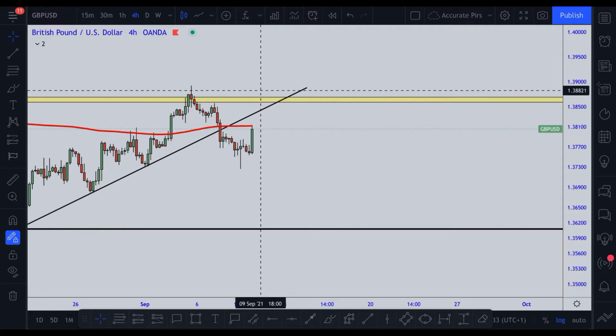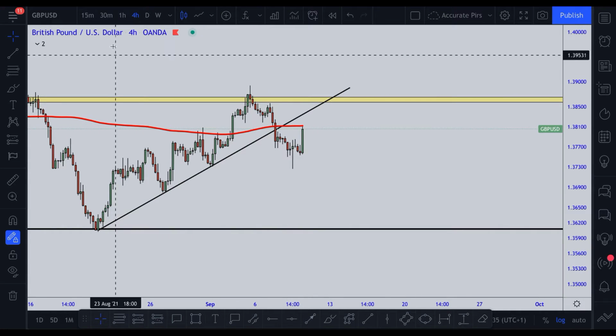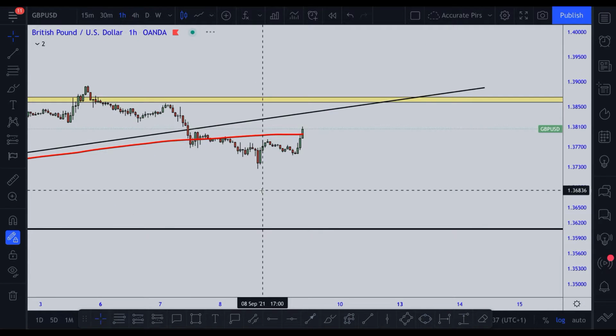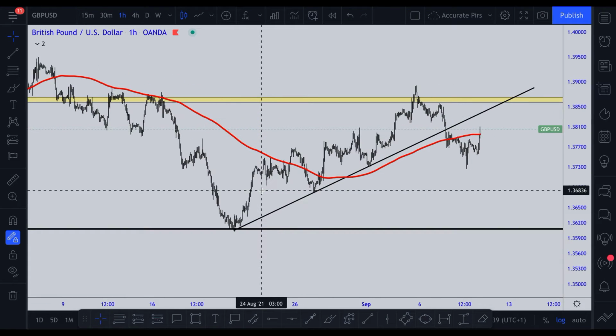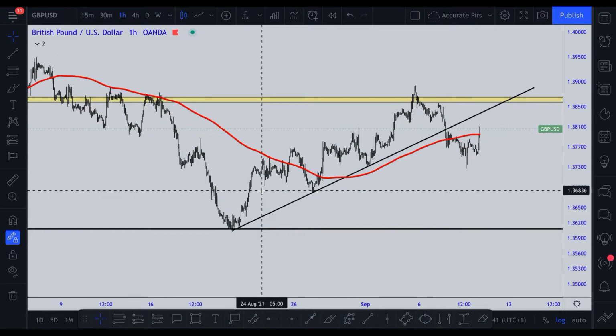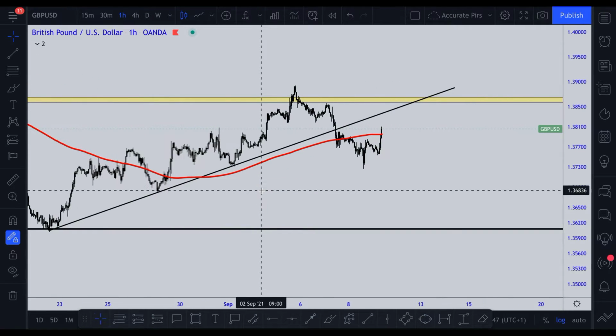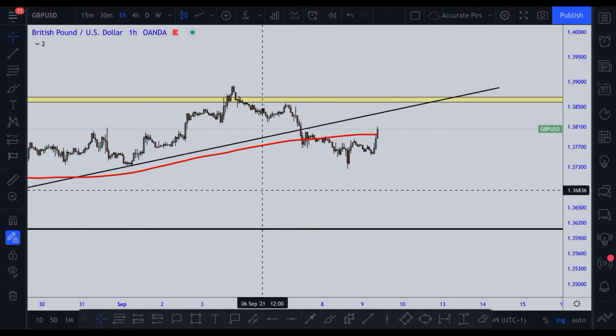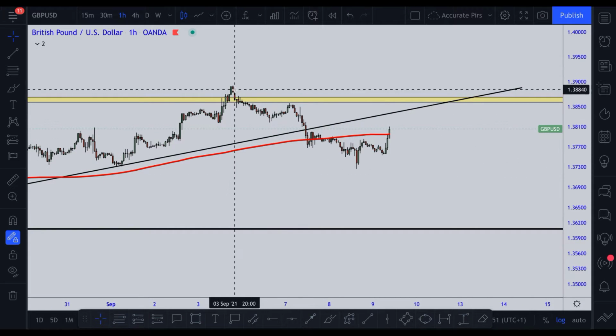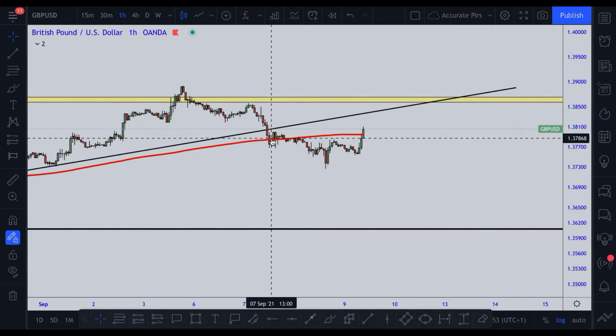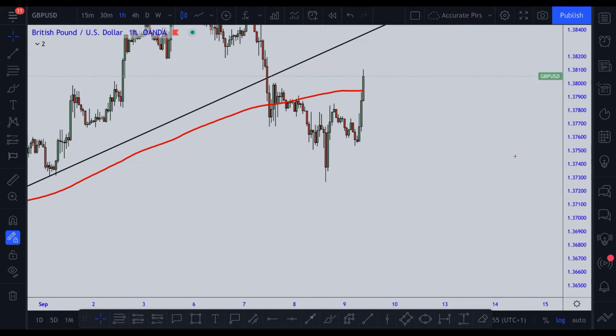So when the trend line breaks, what we normally wait for, and on a trend line, I like to do my trend lines either on the 1 hour or 4 hour time frame. I say the higher the time frame, the stronger the trend line will be. So with this trend line, as you can see, the market has come down and we get a red candlestick, which is a close below the trend line.